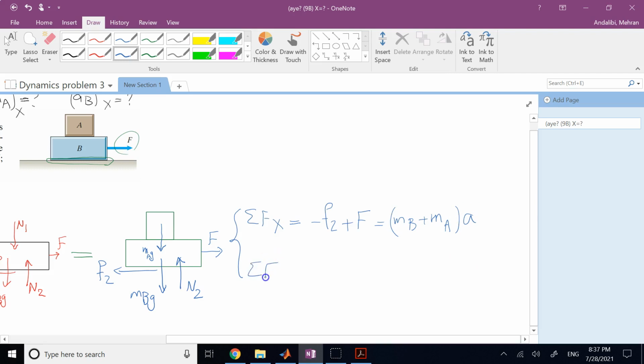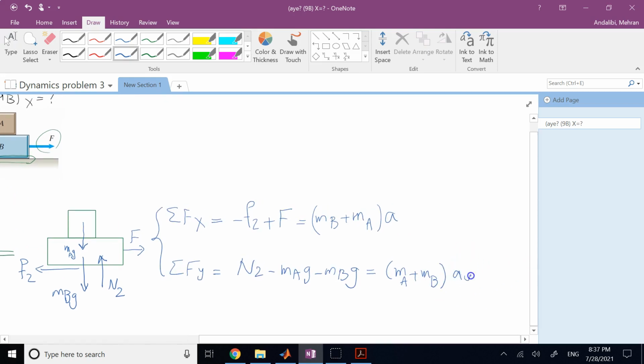In the y direction, I have N2 minus MAG minus MBG equal to, again, the total combined mass times the acceleration, but this time in the y direction. Here, assume the two blocks are welded or glued together, so they move together, the acceleration terms are the same, and instead of two blocks I have one block with the total mass of MA plus MB.